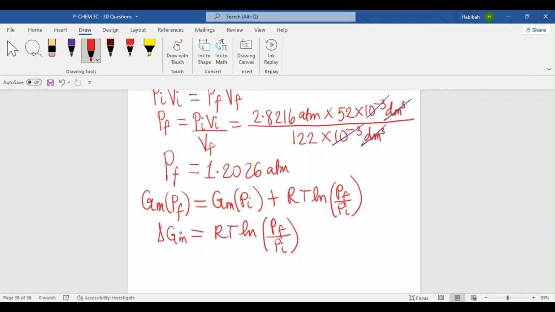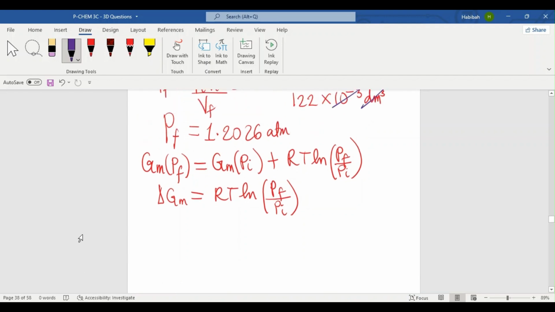We're asked to find just the change in Gibbs energy. So note this: the molar Gibbs energy generally is just the Gibbs energy divided by the number of moles.